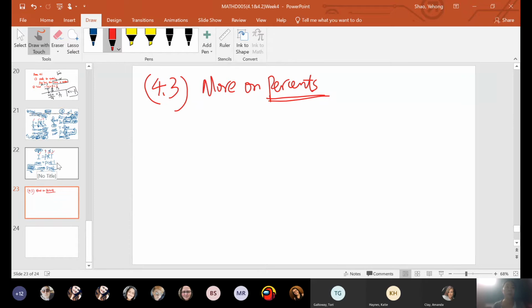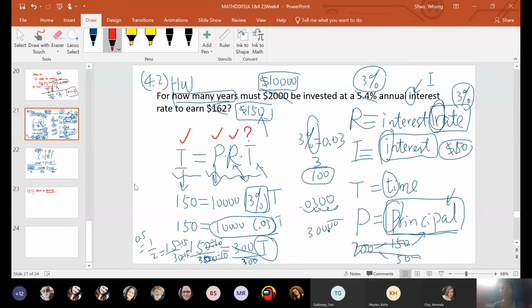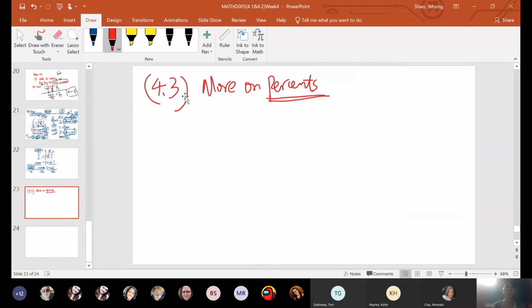We kind of did that already, like this one. It has decimals or percent in the equation. So we're just going to have some more examples in this section.